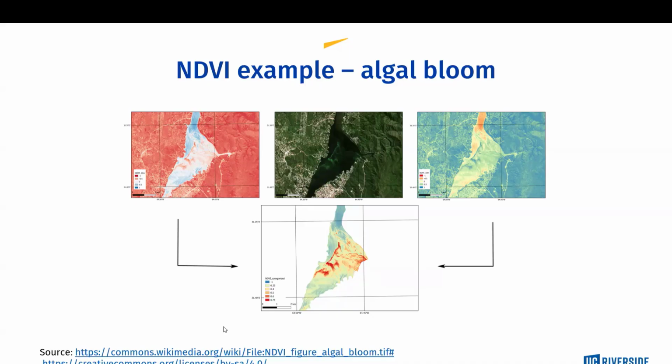Of course, pixel values of that calculation can be represented on a map. That's just one example of the kind of ways that imagery can really help us understand our world.